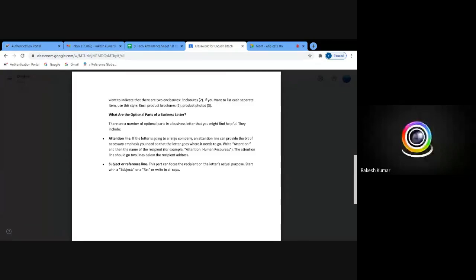These are the parts, and if you want to add something more, there are more, like the attention line, which provides more necessary information on whom you are actually addressing. For example, it could be for the accounts department, or for the HR department. So as per the requirement, you can put the attention line there.